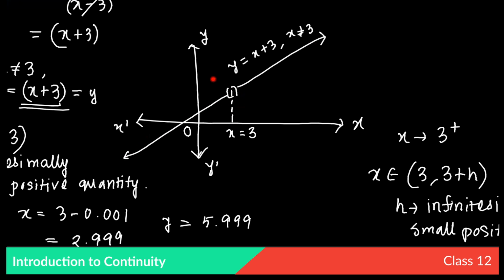Because the functional value is 6 at x equals 3, I can plot this graph without lifting my pen. I can continue with this line. I cannot lift my pen because at x equals 3 the functional value is 6, and the limiting value from LHL and RHL is also 6. So here the limiting value is equal to the functional value.